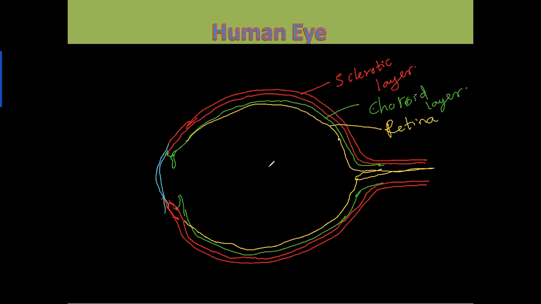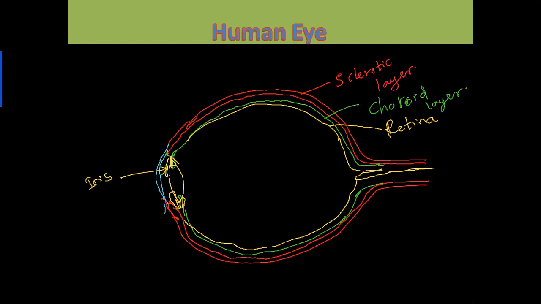Then we can see here in front the eye lens, and it's connected by these muscles. Then we can label the part in front, the iris. Iris, pupil.